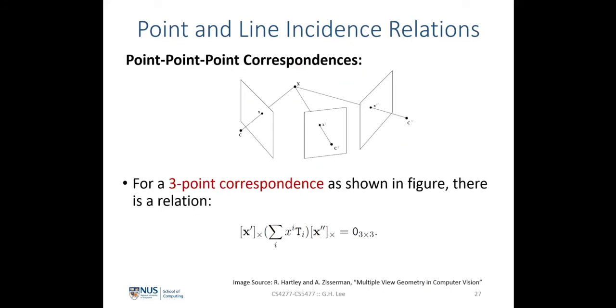Now, we can also do the same thing to derive the incidence relations between three views which contain a point correspondence. What this means is that instead of having a line in all three views, each view now contains a point that back projects to a light ray, and the three light rays must meet at a single point in 3D space, which is the 3D point capital X that gives rise to the projections x, x prime and x prime prime in the respective three views.